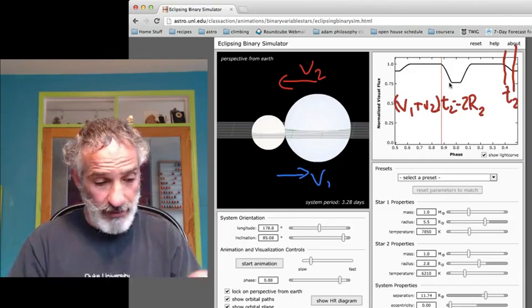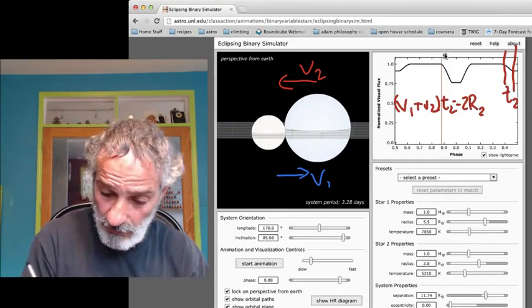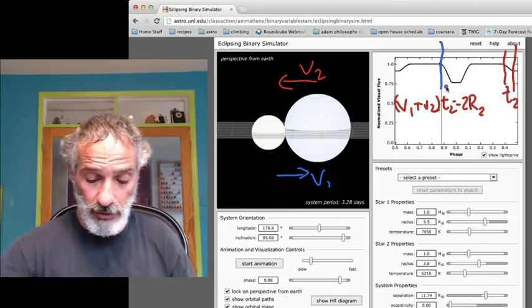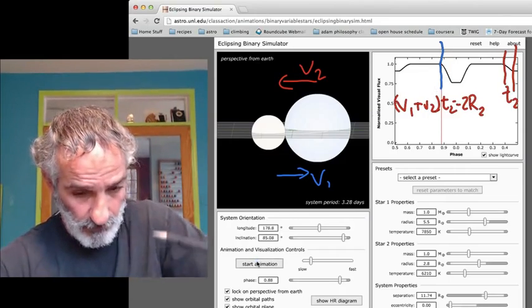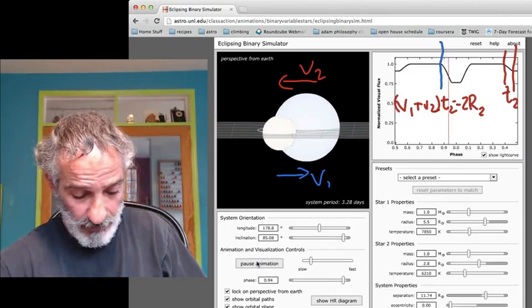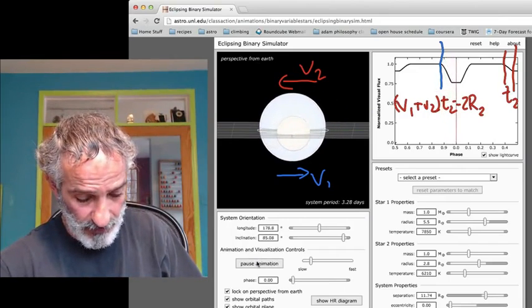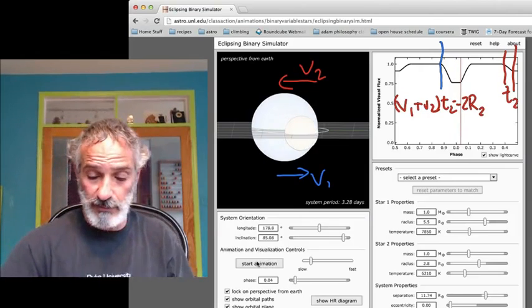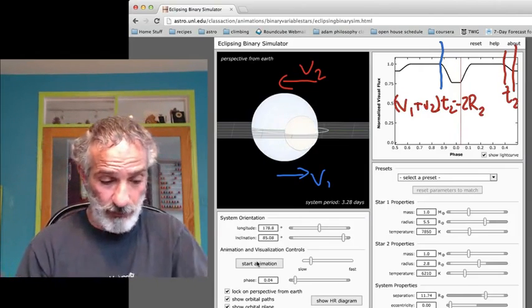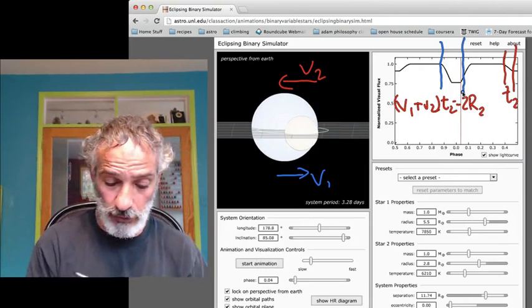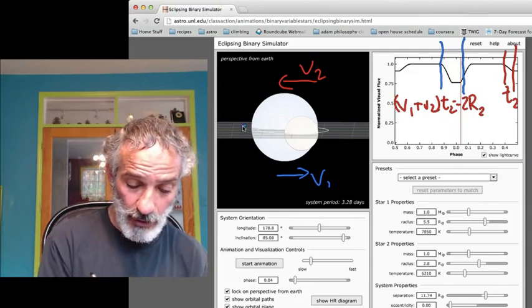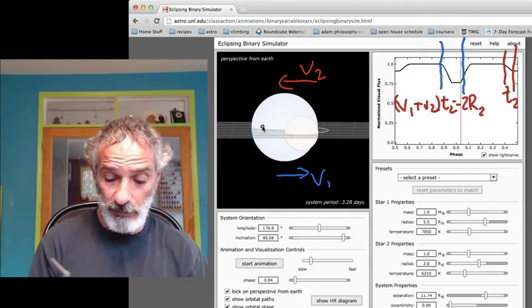But if instead I start my clock now and measure the time it takes until the following happens, until the eclipse begins to be decreasing, until this point, this time interval over here is the time that it took the relative motion of the two stars to carry them through the diameter of the blue star.